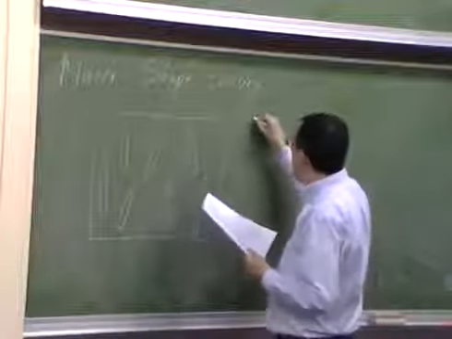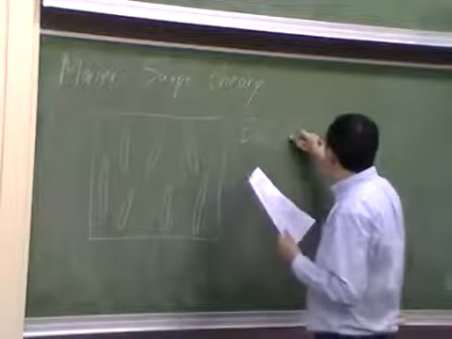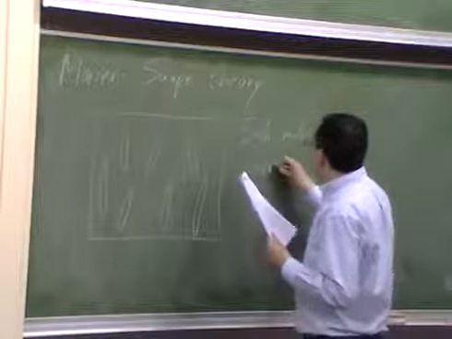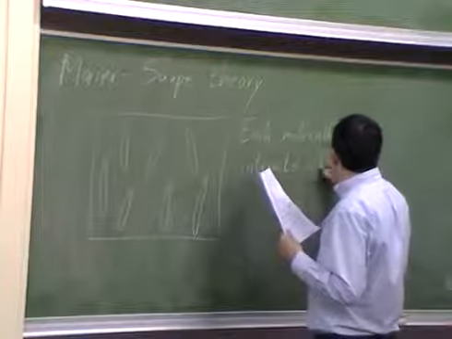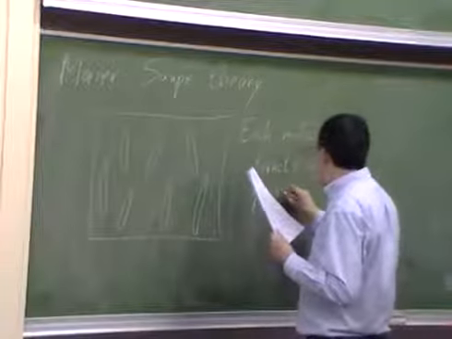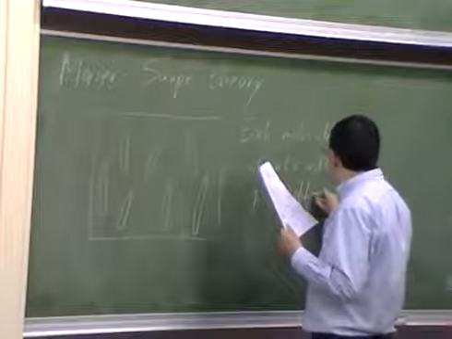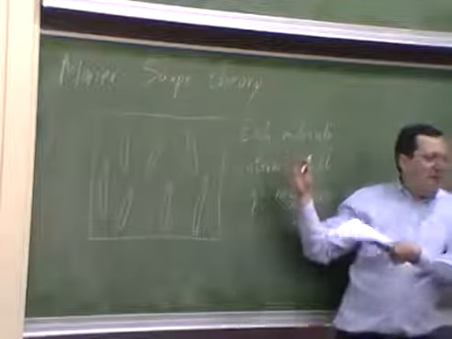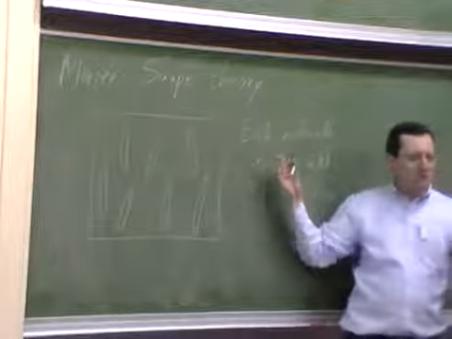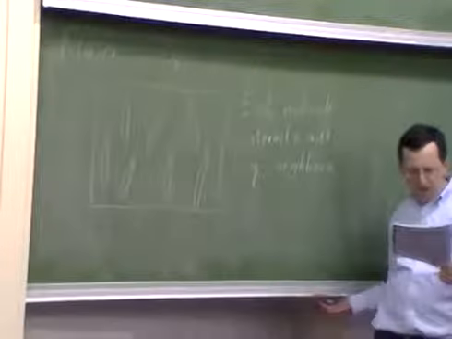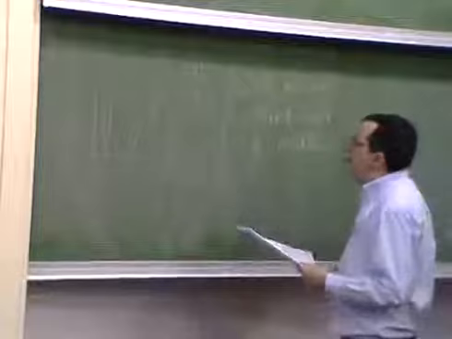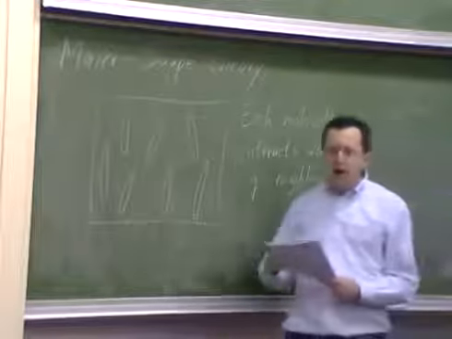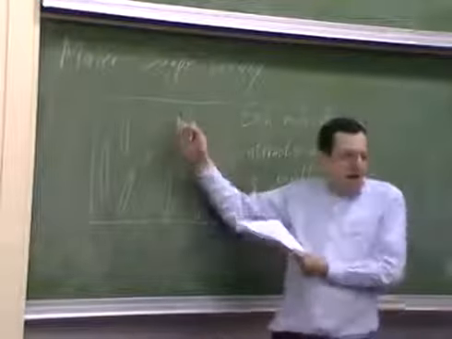So I'm going to say that each molecule interacts with Q neighbors. So, you know, they're not really on a lattice, but on average they have Q neighbors in space around them. And for the interaction between them, the interaction has to be something which favors nematic alignment, right?